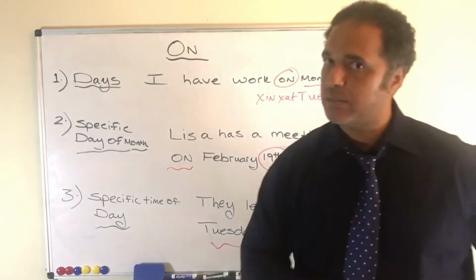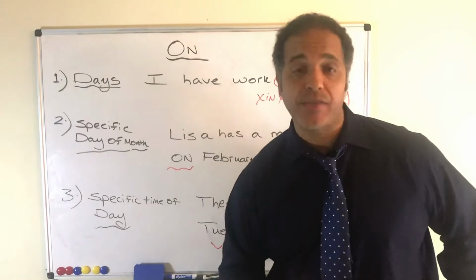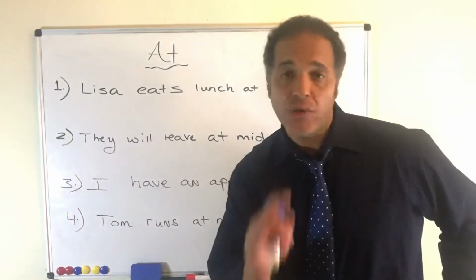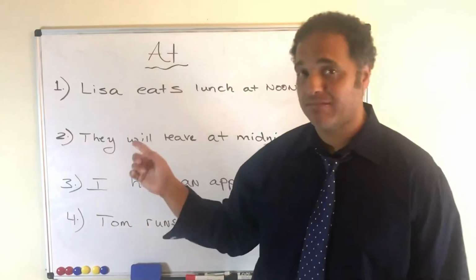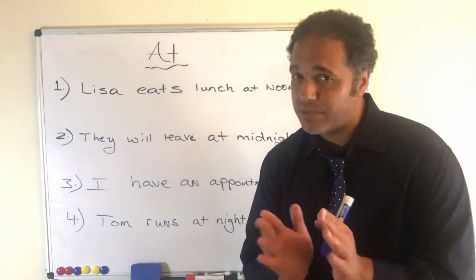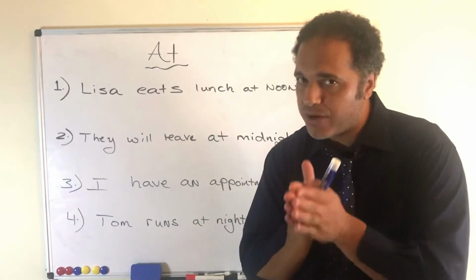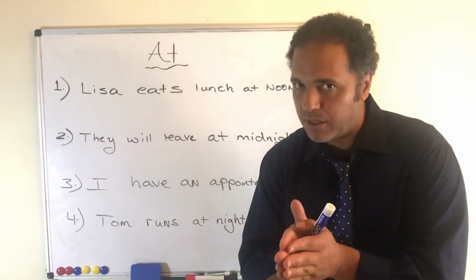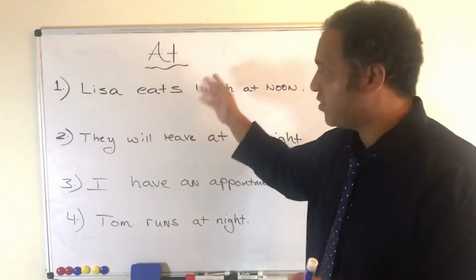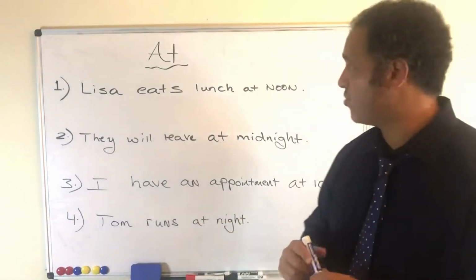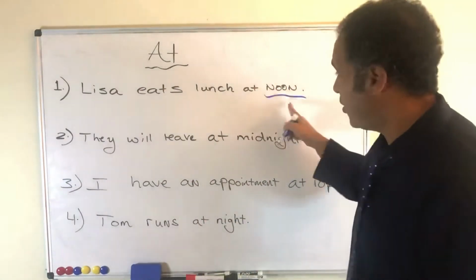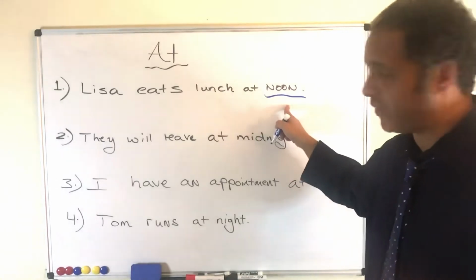Okay, let's get to the last preposition, which is going to be at. By the time we get to this preposition, everything is very, very specific. When we use this, we only use it for 4 reasons. First of all, whenever you say noon, noon means the middle of the day.